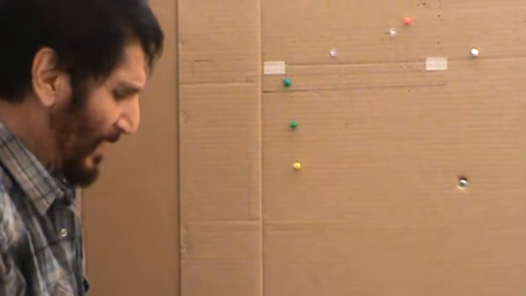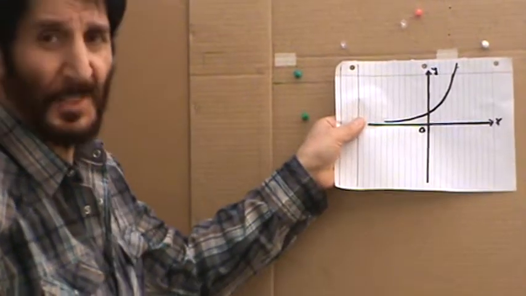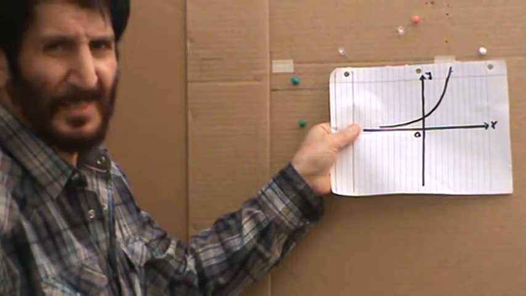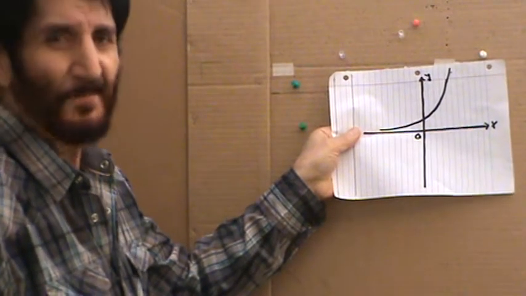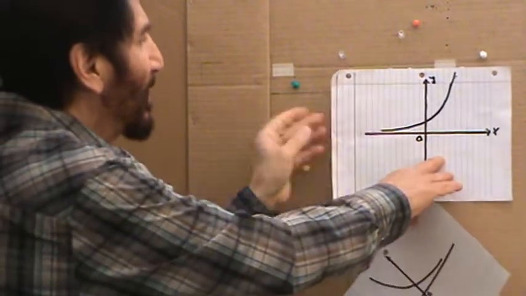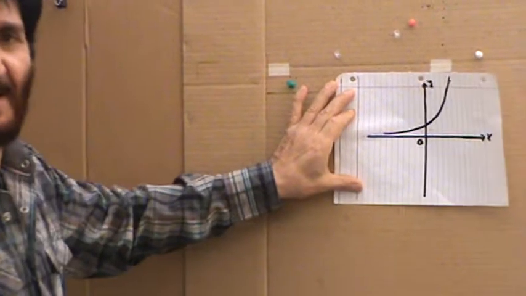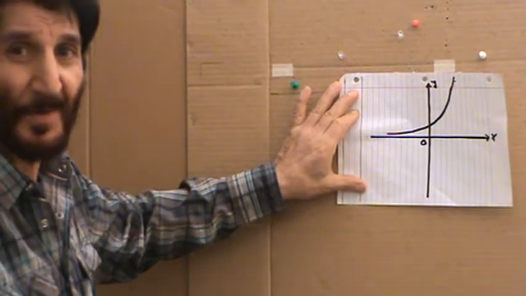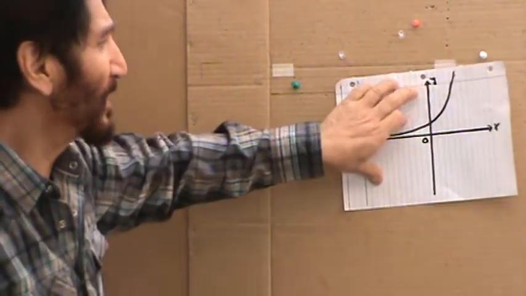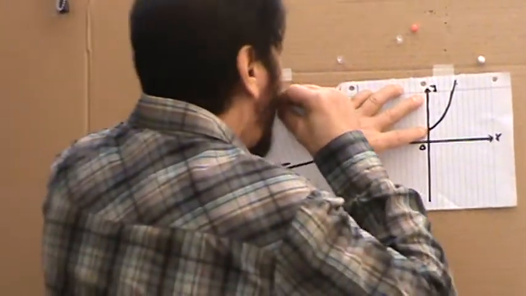Now, this is the graph of a function where the base is typically bigger than 1. Now, how will the inverse of that look?